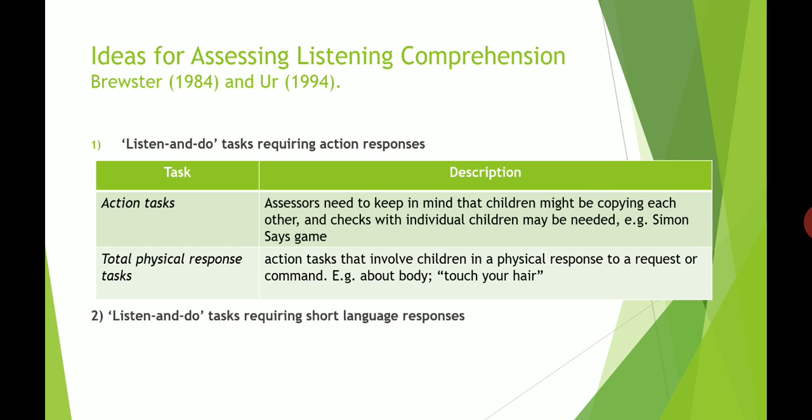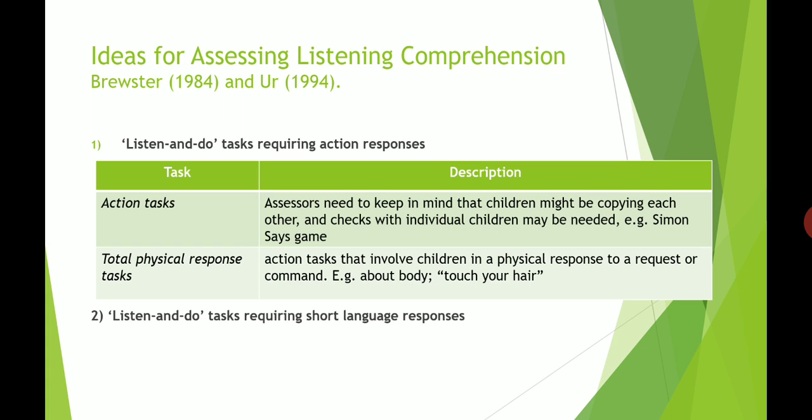Listen and do tasks requiring an action response. So the task here is an action task. The assessor needs to keep in mind that children might be copying each other, and checking with individual children may be needed. For example, like in the game of Simon Says. Total physical response, or as we know it, TPR.